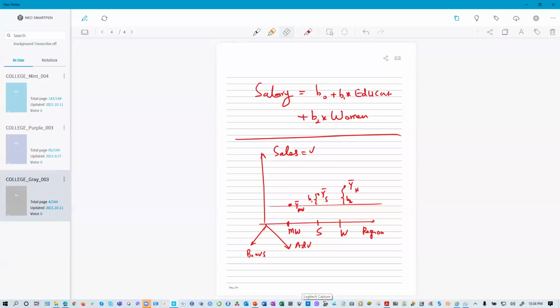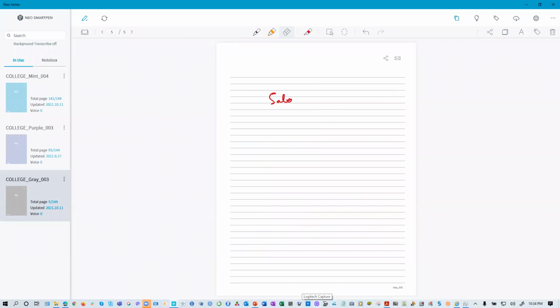So let's say that your sales, and let's say you have region only. See? Region only, you can divide this into Midwest, West, and South, like that. So when it comes to the picture, if you want to write this one, you can write that with the aid of that: B0 plus B1 x1 plus B2 x2, like that.